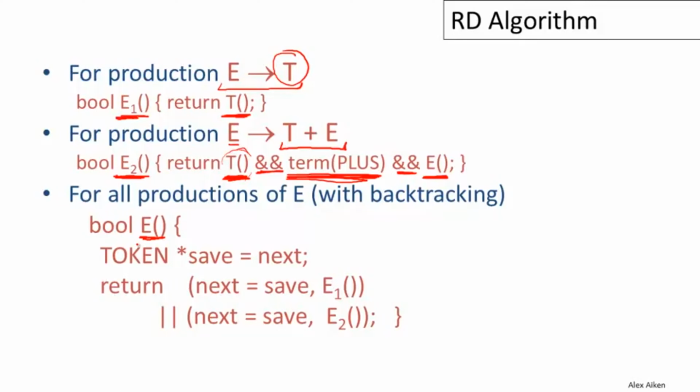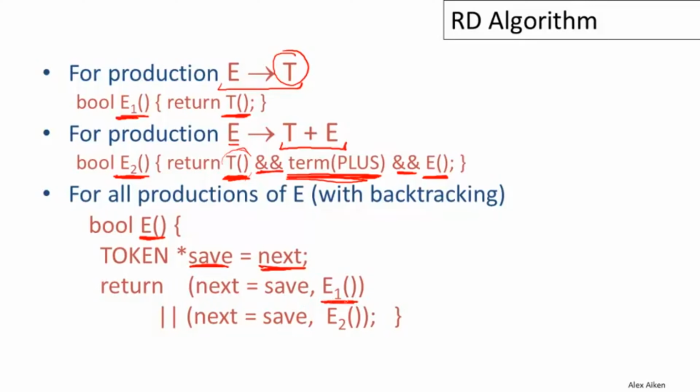And so the way we accomplish that is we just have a local variable to this function called save that records the position of the next pointer before we do anything. So before we try to match any input, we just remember where the next pointer started when this function was called. Okay? And now to do the alternative matching, we first try E1, and we see if it succeeds.